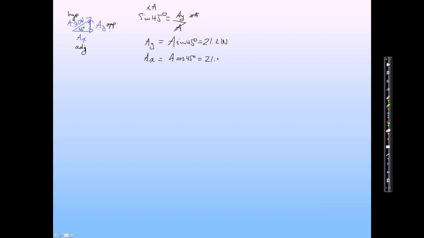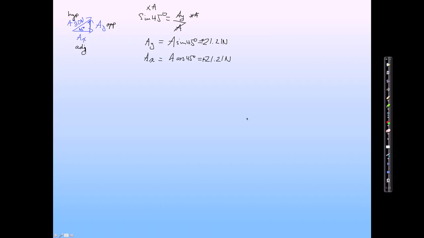Now let's look at the directions of these vectors. AX is in the positive x direction, so that's positive. AY is pointing up, so this is also positive. All right, so let's make our chart here.